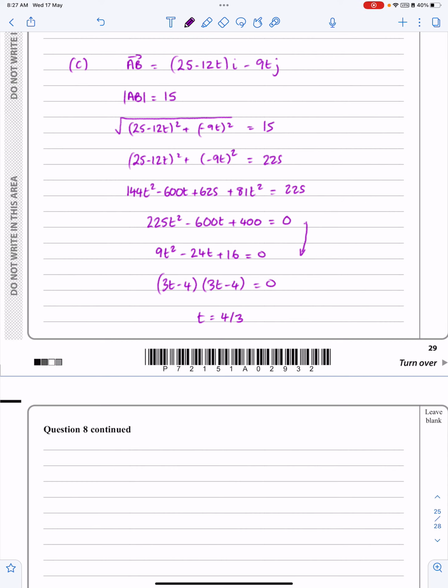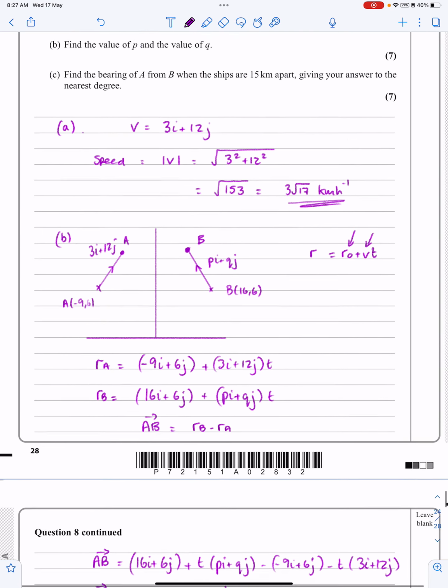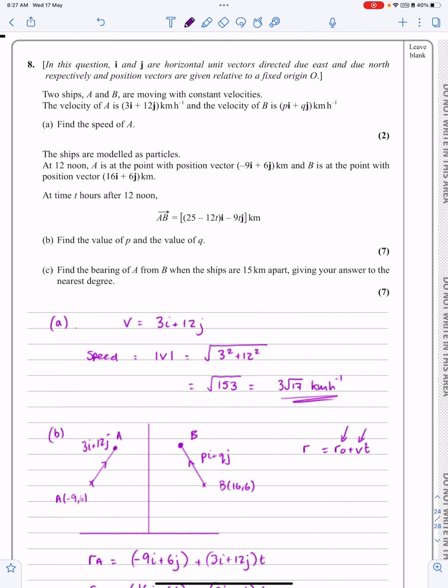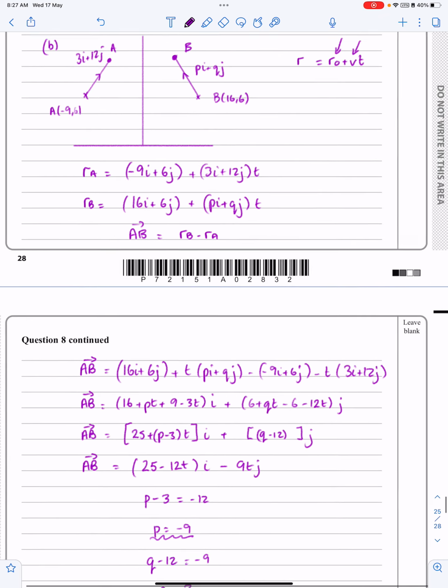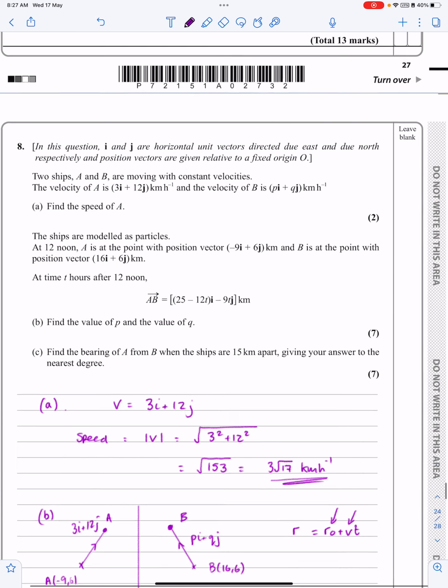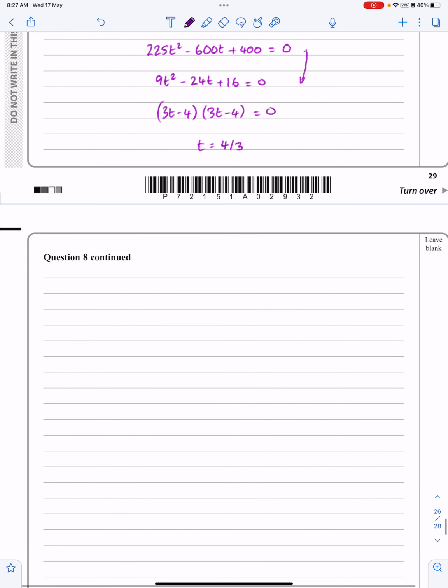So that's the time. Now, what am I doing? No, I don't want the time for anything. I want the bearing. So I've got to put that t back into AB to work out what AB is actually going to be. It's actually going to be in hours, isn't it? But it doesn't matter because I'm just putting it straight back in.